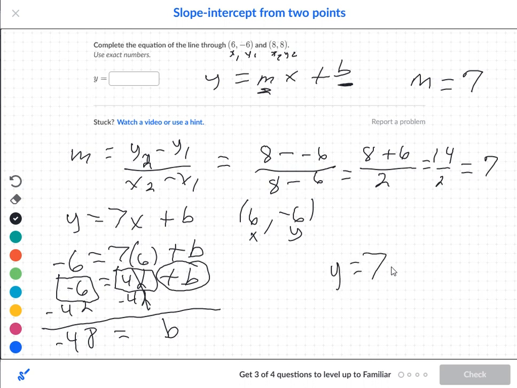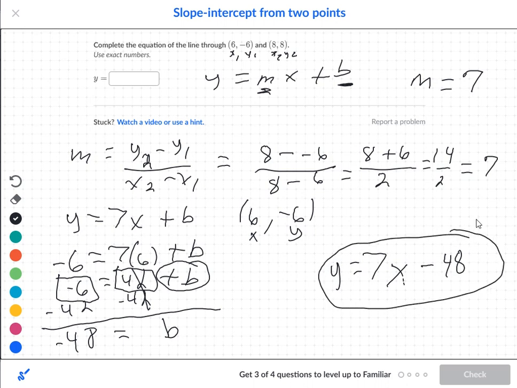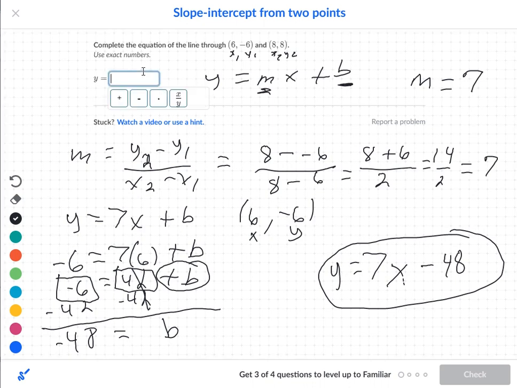I already know that the m is 7, so it's 7x. But this time the b is going to be replaced with a negative 48. So that should be my answer there. So y is equal to 7x minus 48. So 7x minus 48.